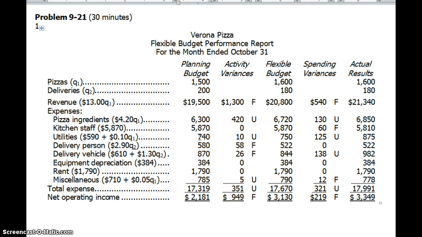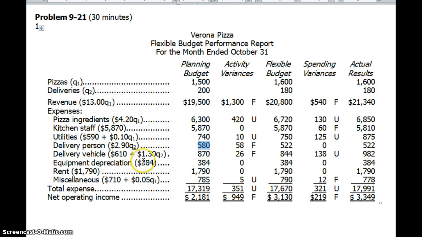We will have utility cost. Utilities are a mixed cost, which will be $590 of fixed plus 10 cents per unit. That works out to be $740. For the delivery person, every pizza we deliver, we have a cost of $2.90. There are 200 pizzas delivered, therefore our delivery person cost is $580.